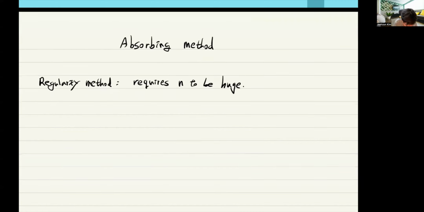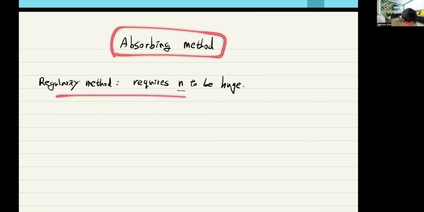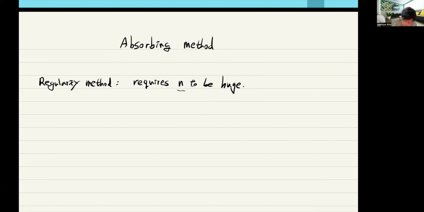Otherwise, it wouldn't work. So in terms of bounds on n, it gives us a bad bound. On the other hand, there is something called the absorbing method, which is better in this perspective. It usually gives a much more reasonable bound on n.